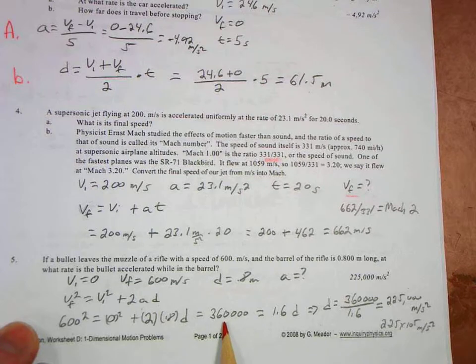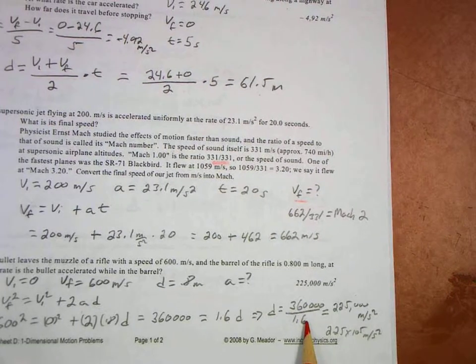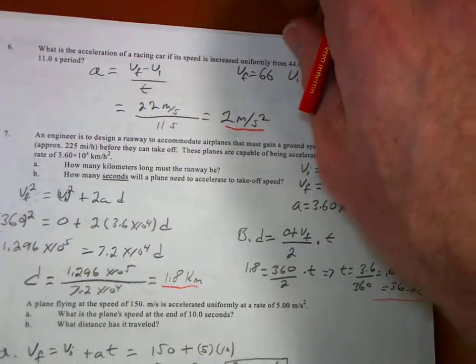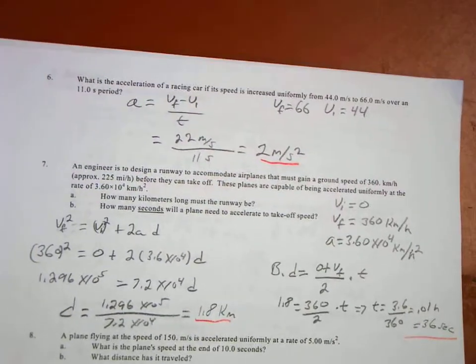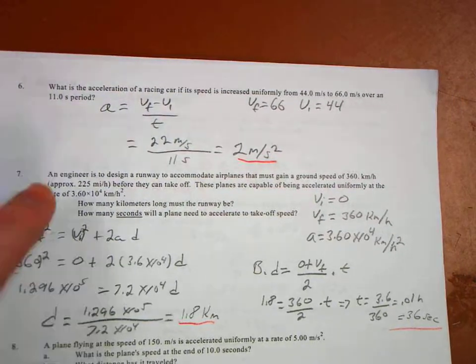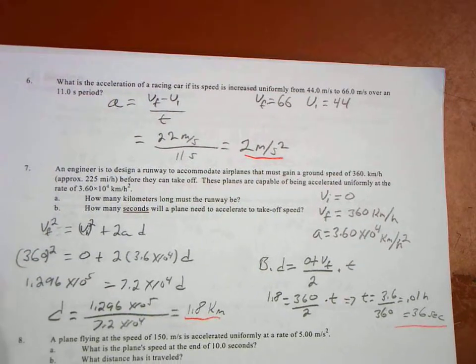You get 360,000 is equal to 1.6 times D. You divide the two together, you get 225,000 meters per second squared. So this is just a matter of identifying what you have, what you are looking for, and solving the problems. This number 7 is maybe a little bit more complicated, so we'll look at that.